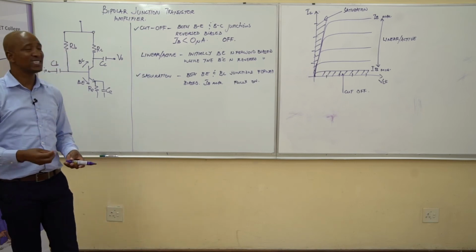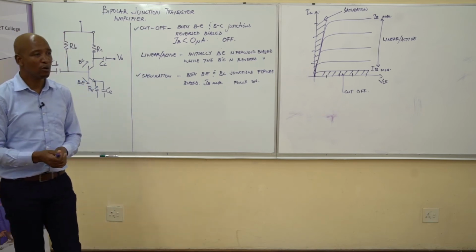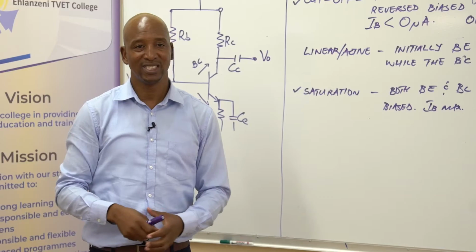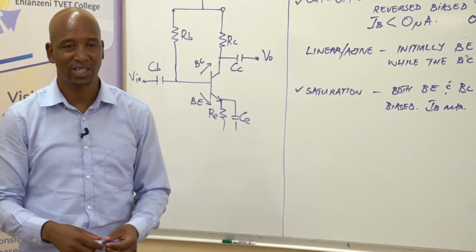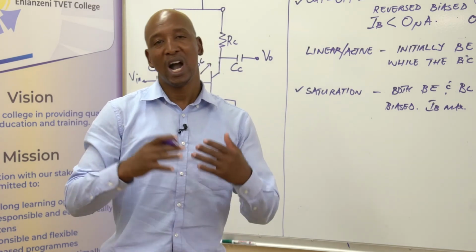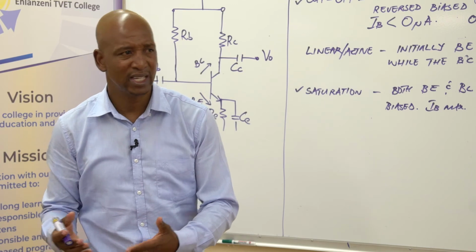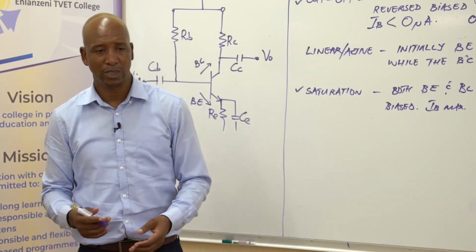Transistors need to operate at a certain point. They have what we call specifications. When you buy a transistor, there is a specification that is written on the transistor, which tells you how should the transistor be operated, its maximum and its minimum values.